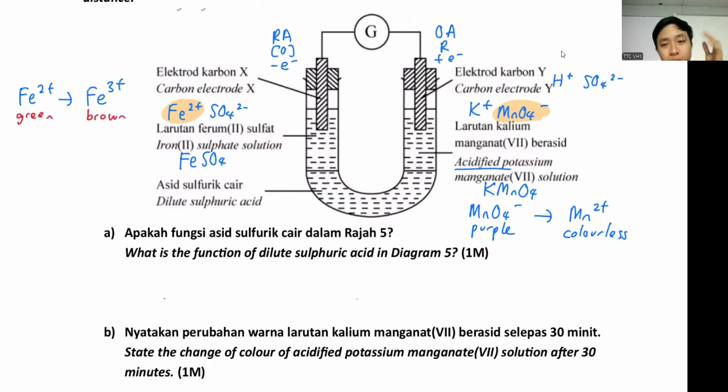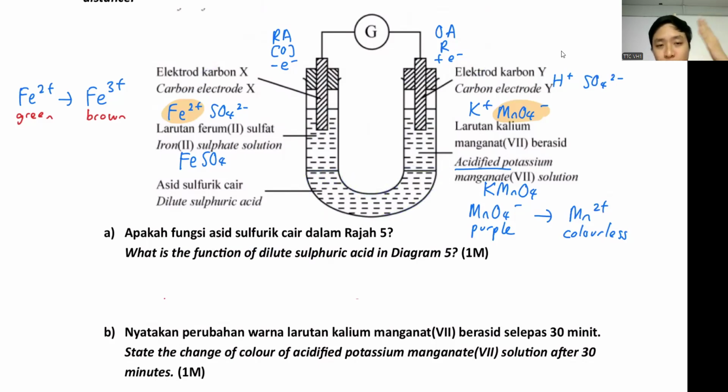Okay, so now the question A. What is the function of this thing? Here they put electrode X, electrode Y, and in this part they put the reducing agent. This one they put the oxidizing agent. So the function of the middle one, you have two uses.